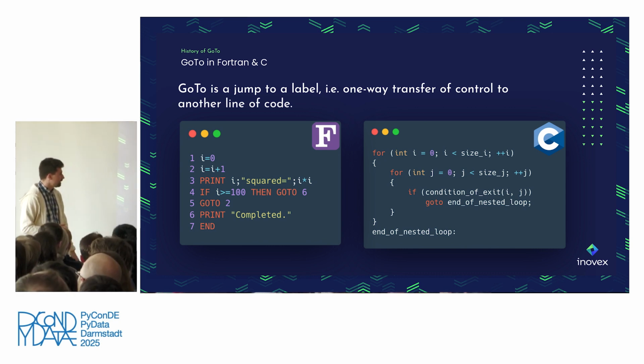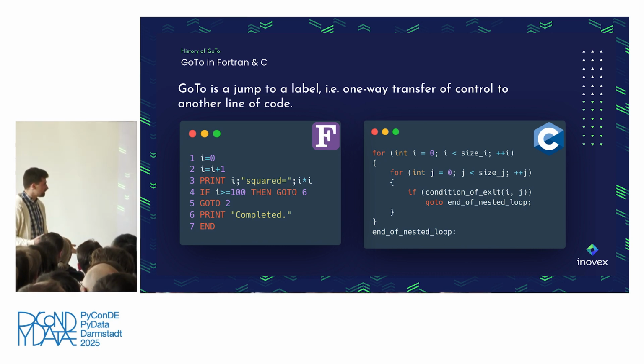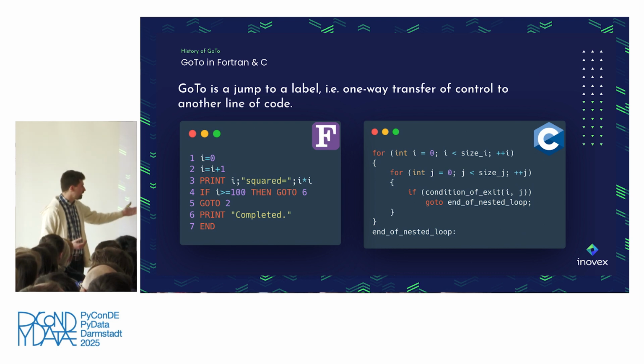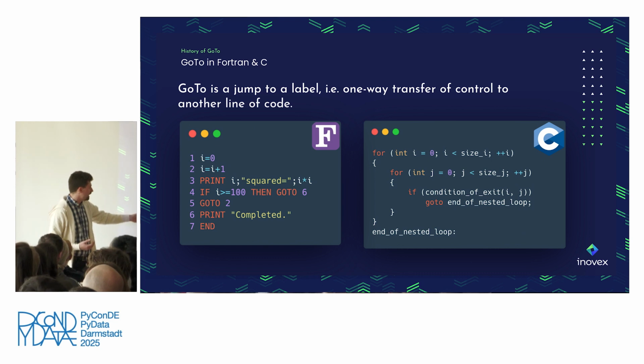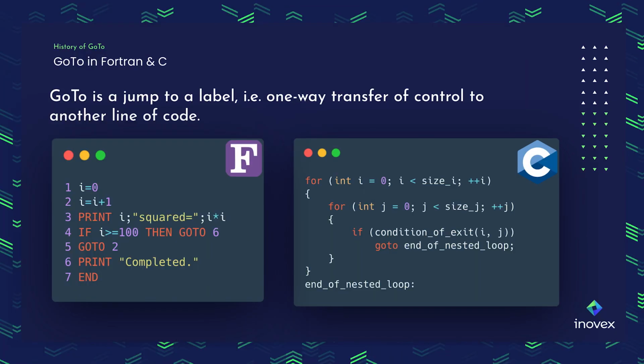And what we see here is just a really simple loop where we square all the integers from 1 to 100, or 99 even. What you see is in line 5, we jump to 2 until a certain condition is met, and then we jump to line 6 and jump out of the loop.